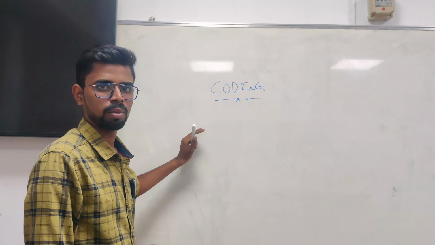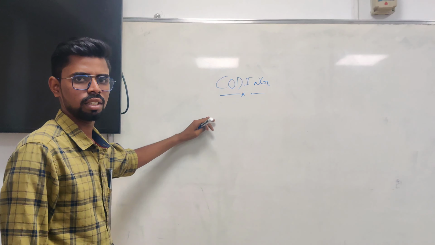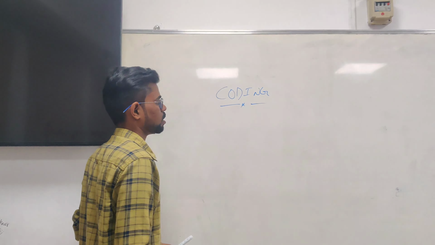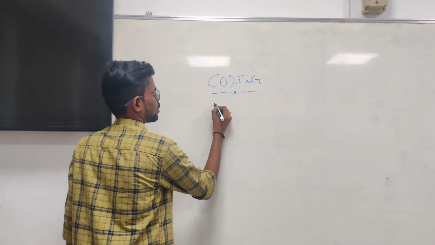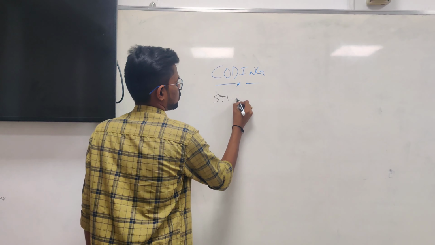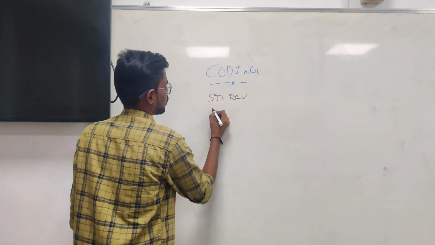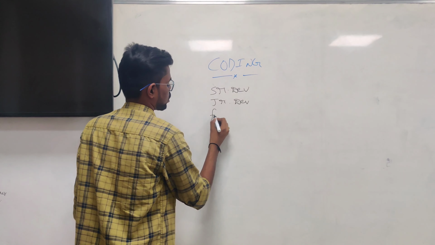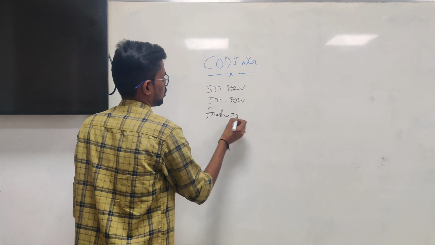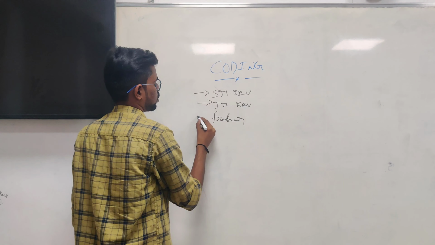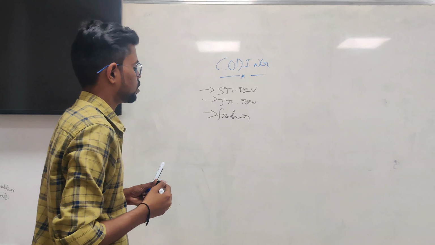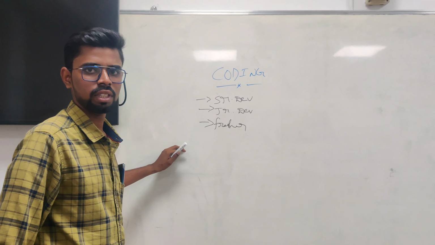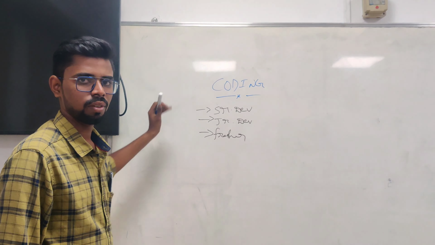After the design stage is completed, we go to the coding stage. The coding stage is also a team consisting of a senior developer, junior developer, and fresher. These three members work in the coding stage.